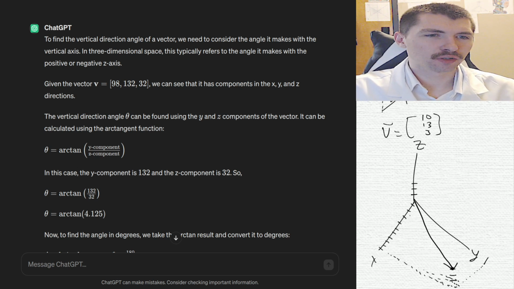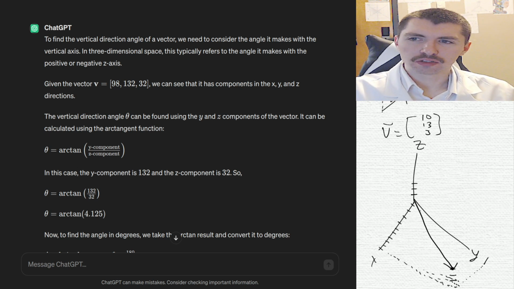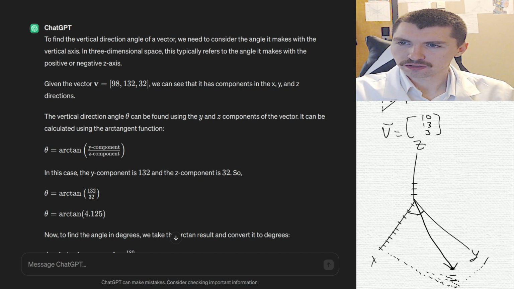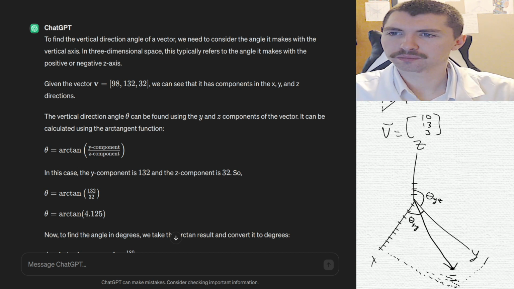So we want to know the vertical. So obviously there's a theta xy, and then there's a theta yz.